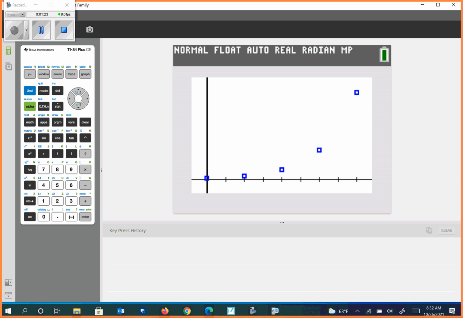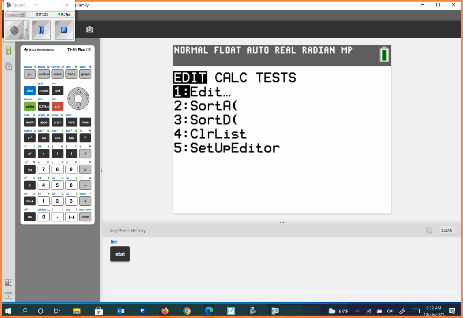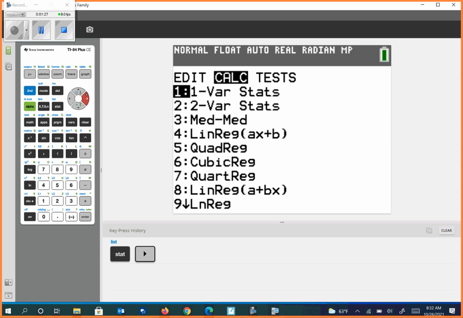So I'm going to go under Stat, Calculate, and then notice, we use number 8 for the linear regression, but notice they have quadratic regression, which means parabola, cubic regression, which means a third-degree polynomial, quartic is fourth degree, linear regression, natural log regression, which natural log and exponential probably fall under the same category.